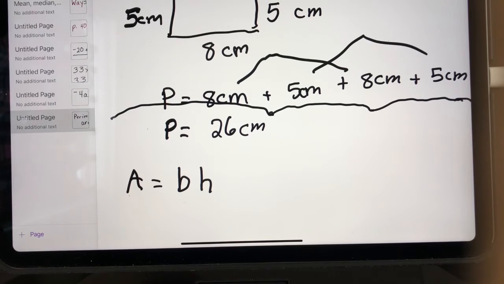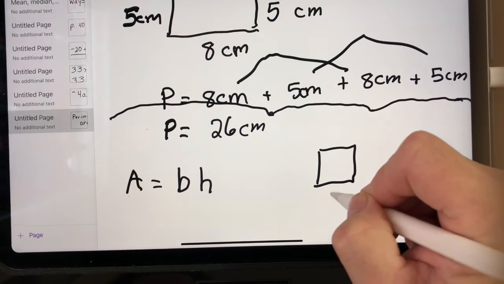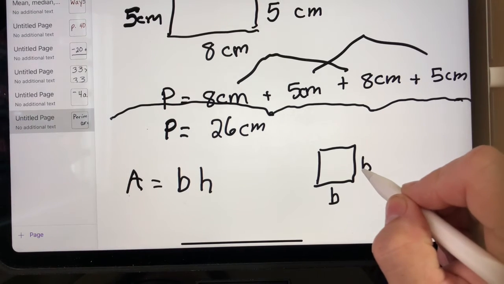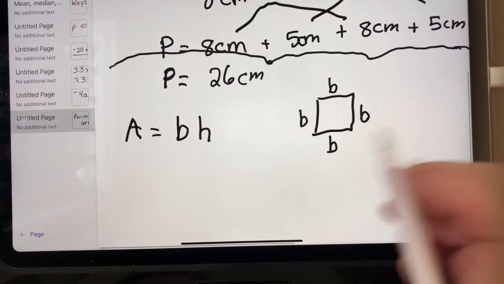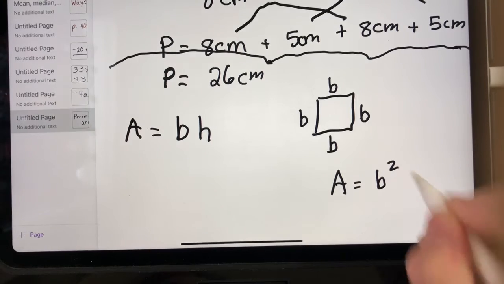Now, if it were a square, this is the base and this is the height. But what else do we know about a square? All 4 sides are the same. So couldn't I say that this height is really the same as the base? So I could say that the area of a square is base squared.